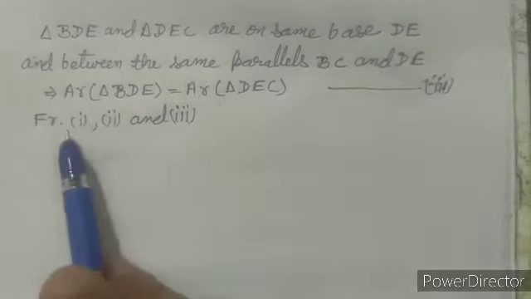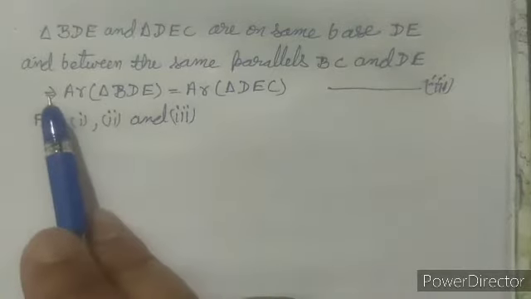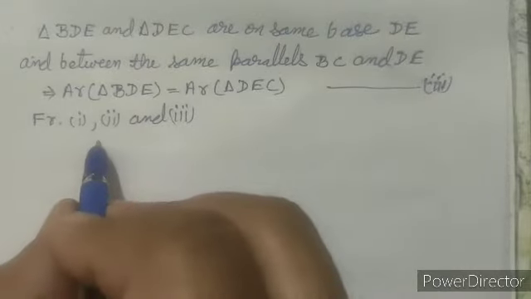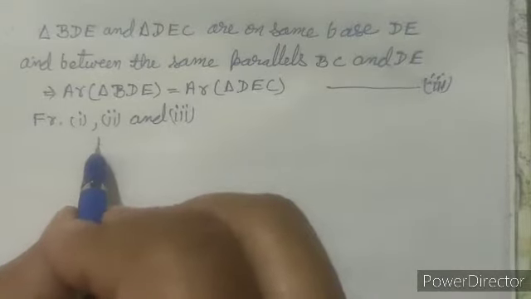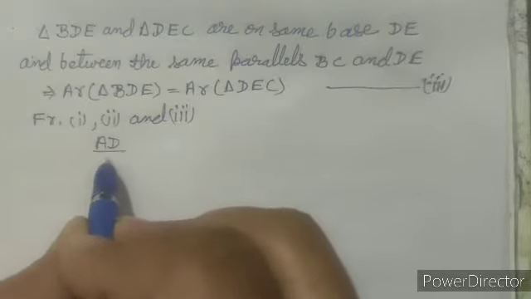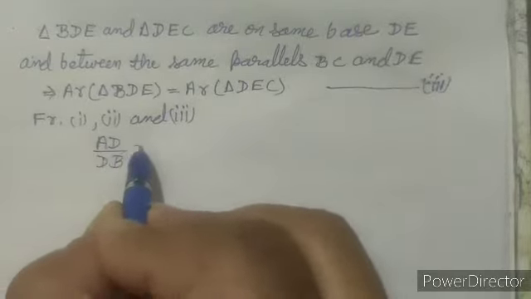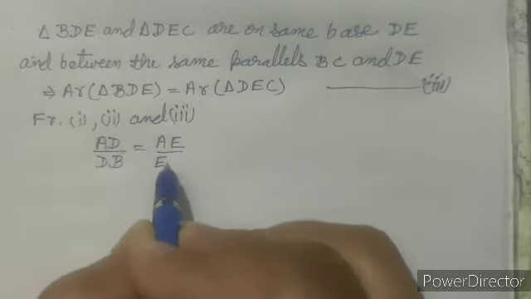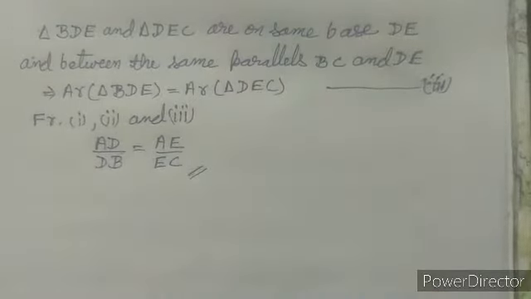So we can say that the left hand side of equation first and second will be the same, and so the right hand side will also be equal. That means AD upon DB equals AE upon EC, which we had to prove.